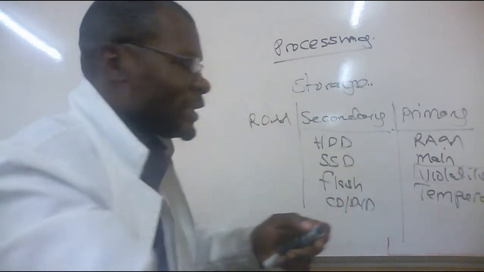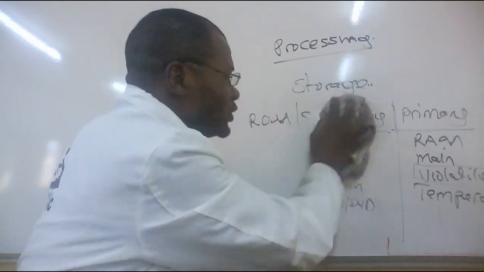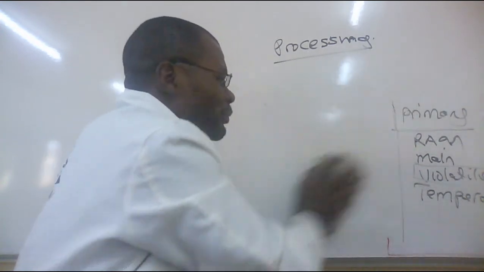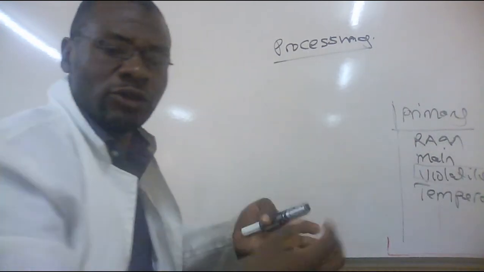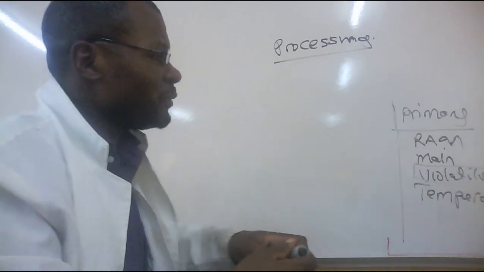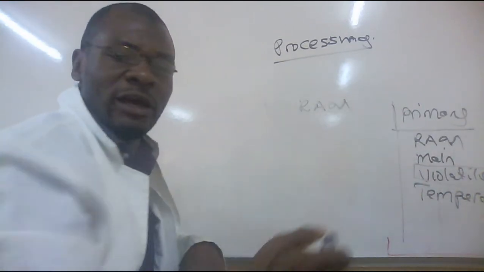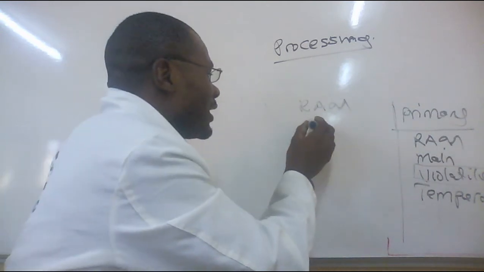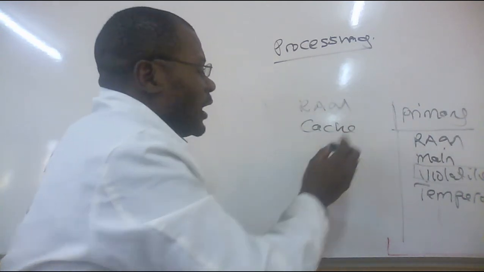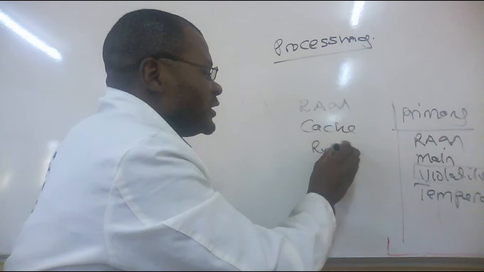The other volatile types of memory apart from RAM, we can include what we call the cache memory, and we can include the registers.